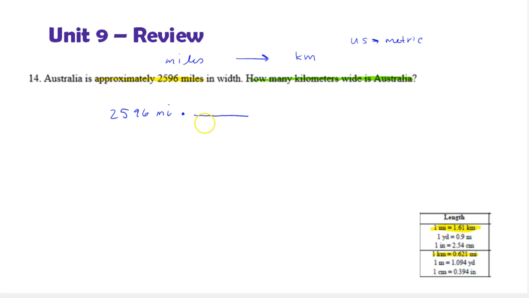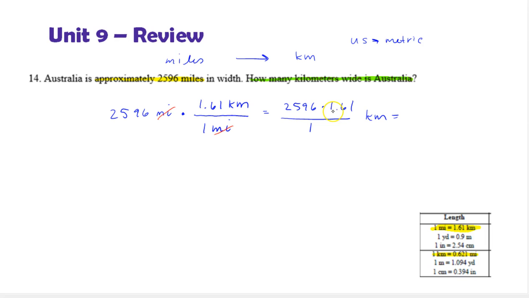So this will be 1 mile, and the numerator is 1.61 kilometers. Again, either one is fine, but I've learned in time that if we do this, there'll be a 1 in the denominator, so this is just 2596 times 1.61 over 1. Oops, I started writing kilometers. Over 1 kilometers.